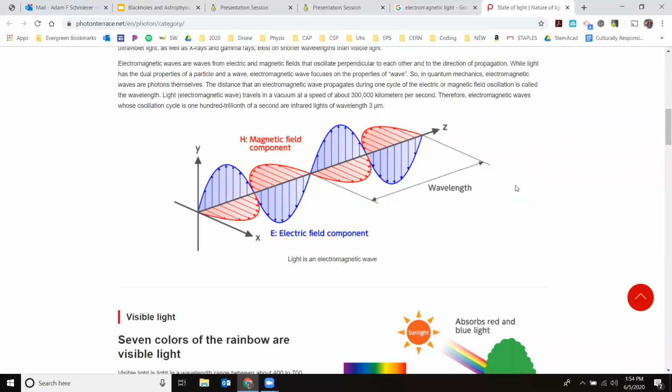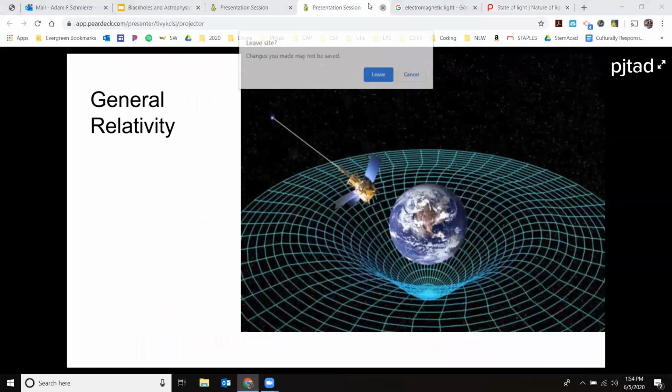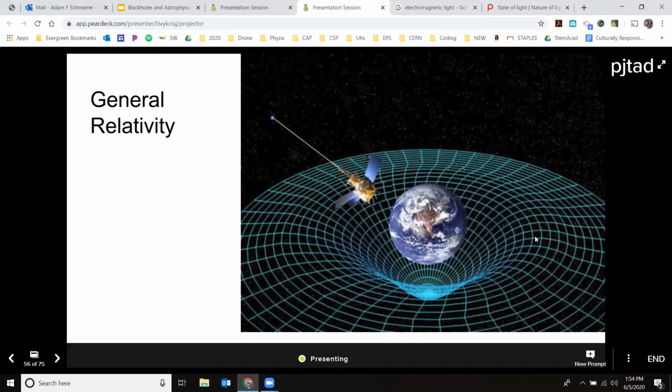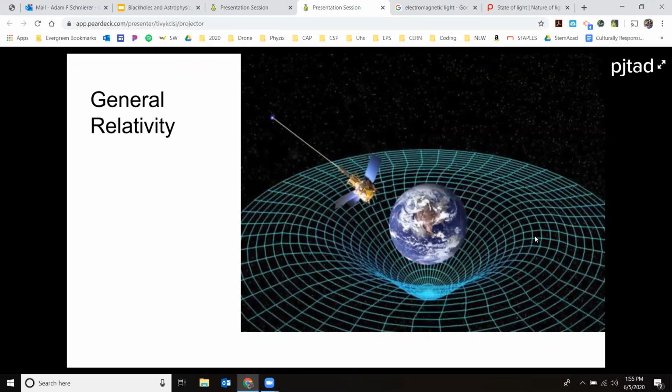And then he goes, if it has to be going the same speed, the only explanation is that space and time are affected by mass. And it's like, whoa, what did you just say? He basically said mass warps the actual fabric of space, okay?